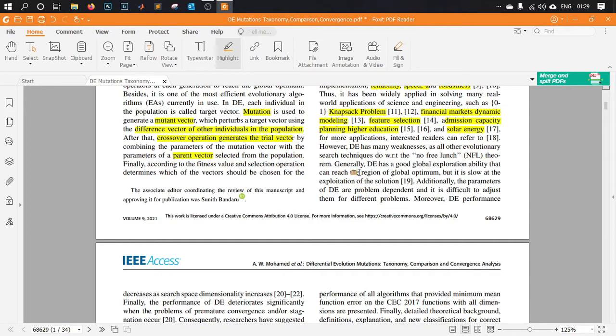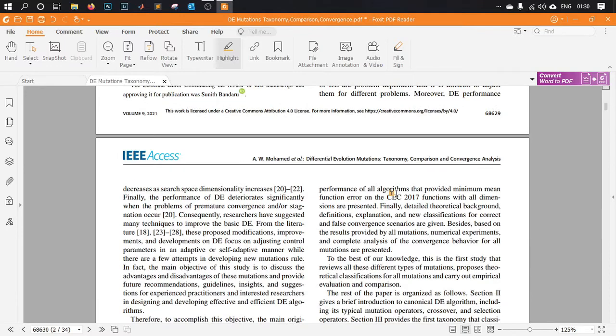So generally DE has a good global exploration ability. Here they say that differential evolution also has a good global exploration ability, in which it is able to search the search space for a global optimum.